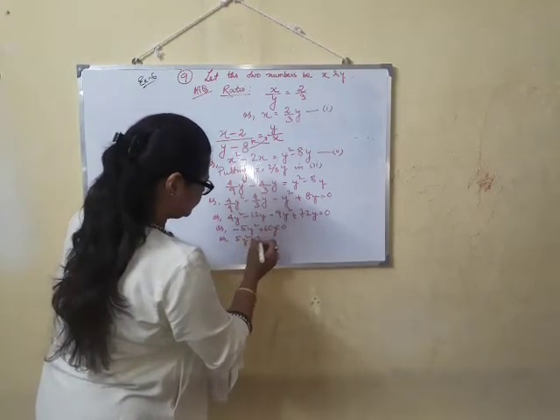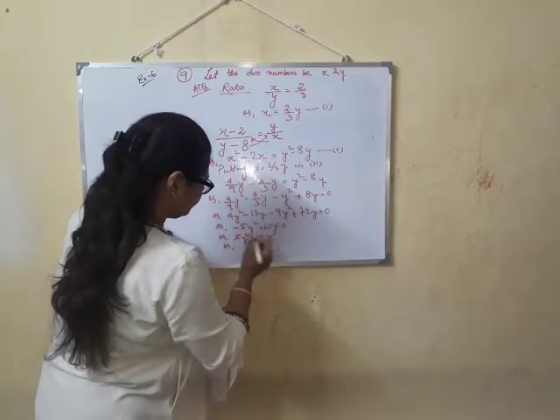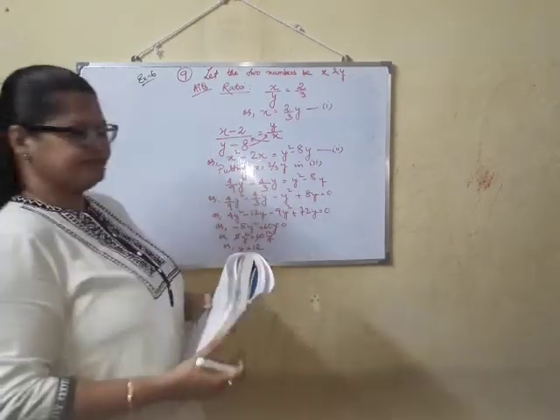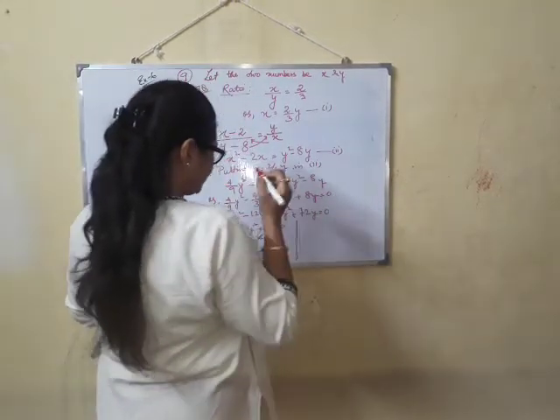5y square is equal to 60y. I can cancel one y from both the sides. 5y equals 60, I get 12. So from here I am getting y equal to 12. Alright. So I have got one part of the ratio, that is y equal to 12.